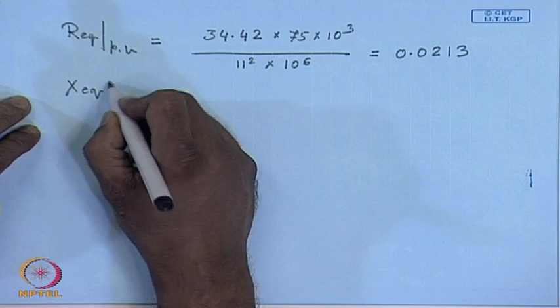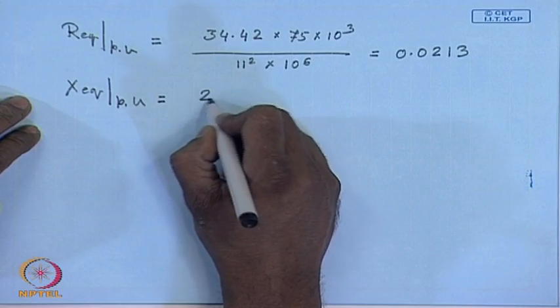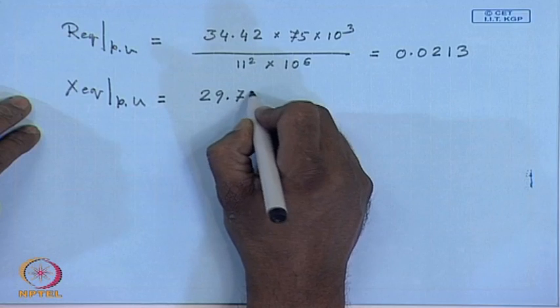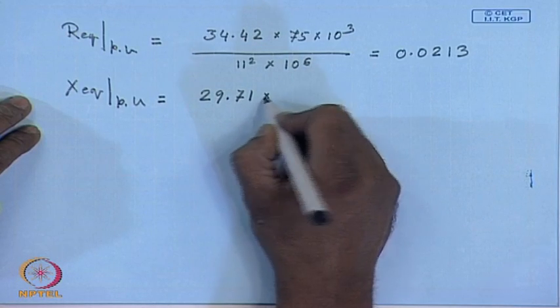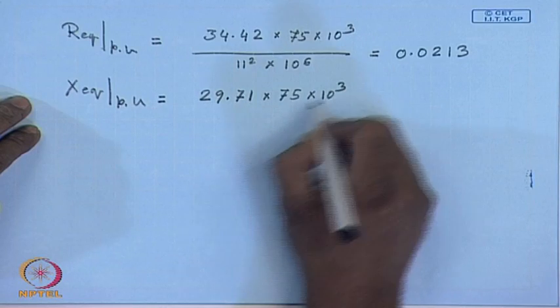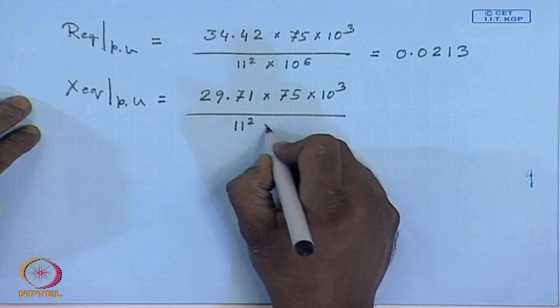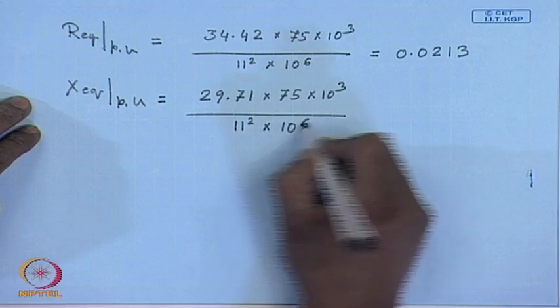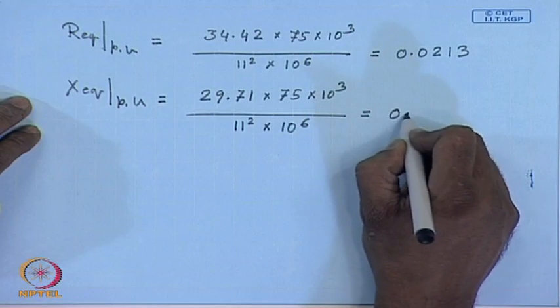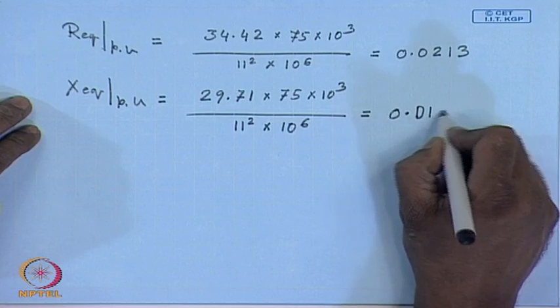Xeq per unit equal to 29.71 into kVA base, it is 75 kVA divided by 11 kV square, 0.0184.